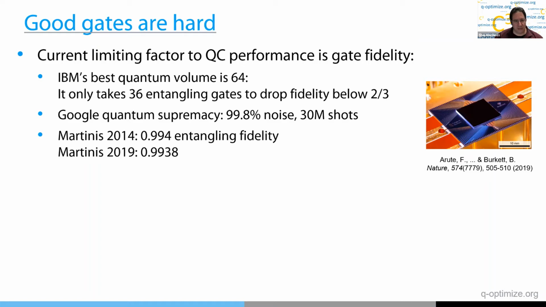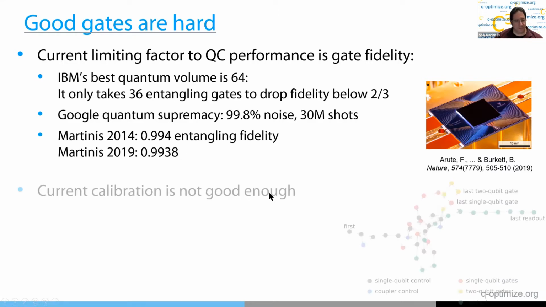And if I look at the gate fidelities, in Martinez's 2014 paper, he had 99.4, and essentially the same fidelities five years later in the supremacy paper. So yes, this is the hero gate, and this is kind of the typical fidelity on a large chip, but still we haven't made huge progress there.